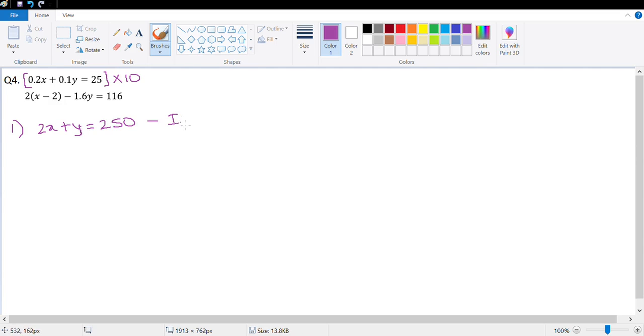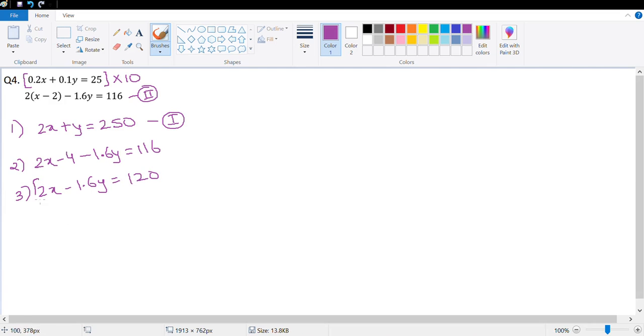Let's call it equation 1. And let's open this equation. This is equation 2. So let's open this and see what we get. So 2x minus 4 minus 1.6y is equal to 116, which means 2x minus 1.6y is equal to 120 if I take the negative 4 on the other side.